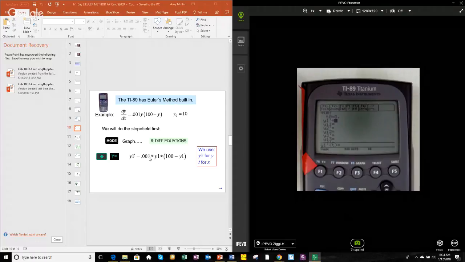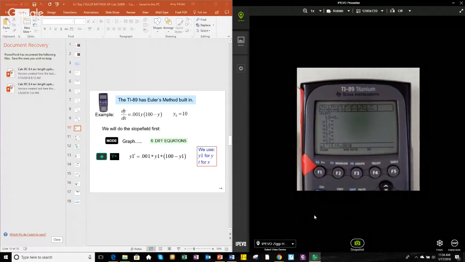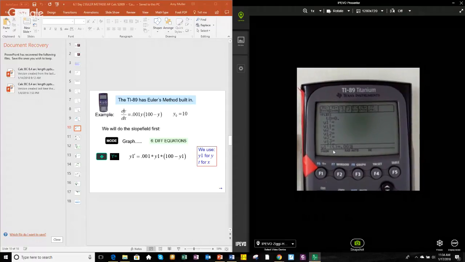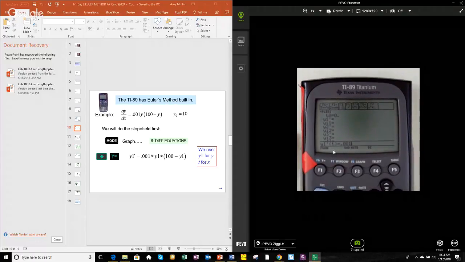slope field here. And so this is y1 prime, if you can see the little prime there. And so we're going to type in 0.001. And you'll notice that down here, this is a function of t instead of x, because the TI-89 is very good at doing parametrics and seeing things in motion.